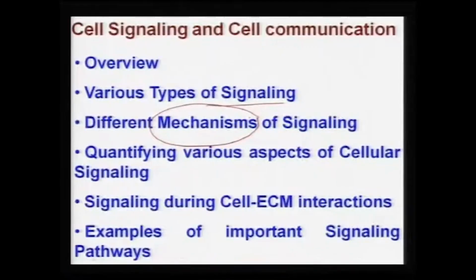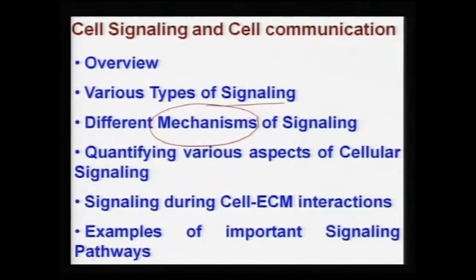Then the fourth aspect is quantifying various aspects of cell signaling. That means the student should have an idea about the time scale and the typical concentration over which a signal can be very effective, and what concentration should be maintained. Then the fifth one is that I will give you some examples of cell ECM interaction and other cell signaling pathways.